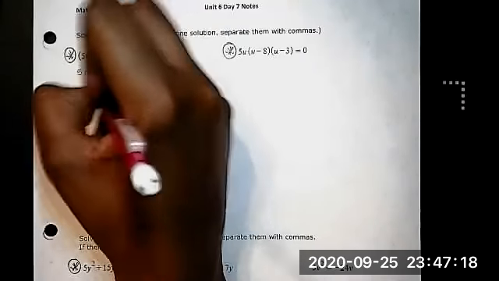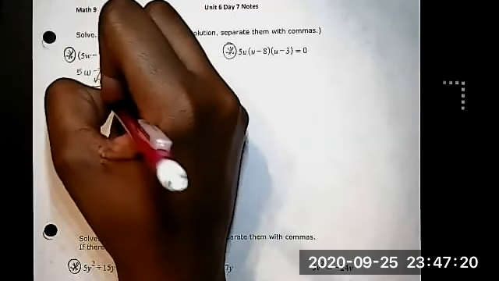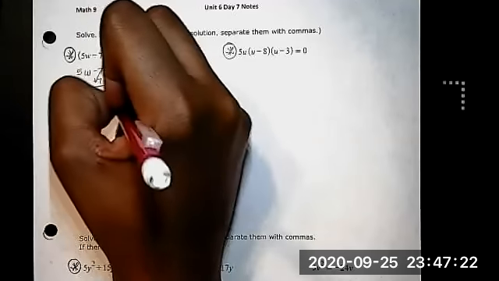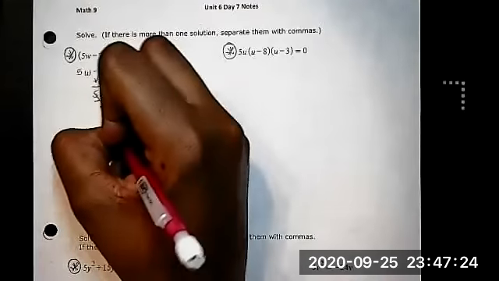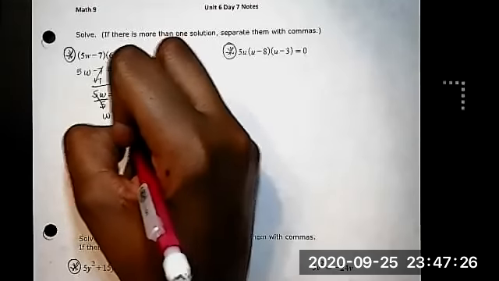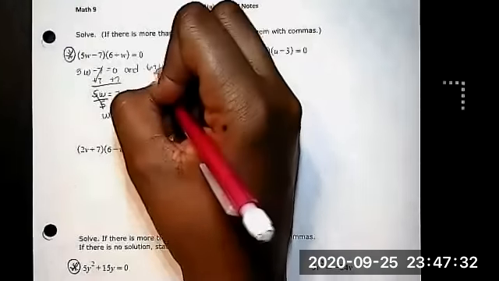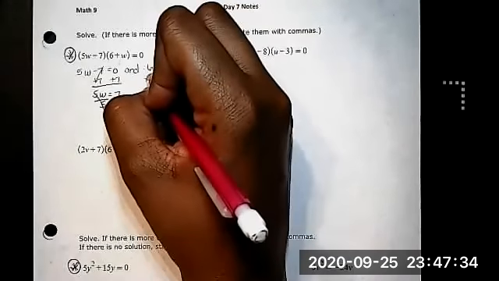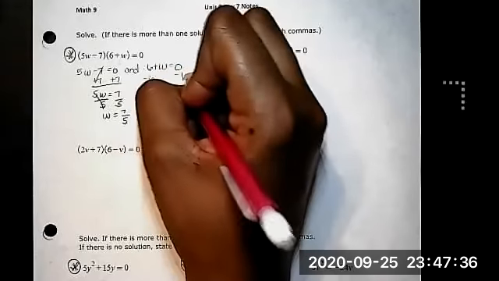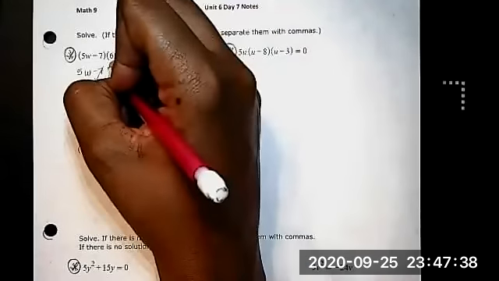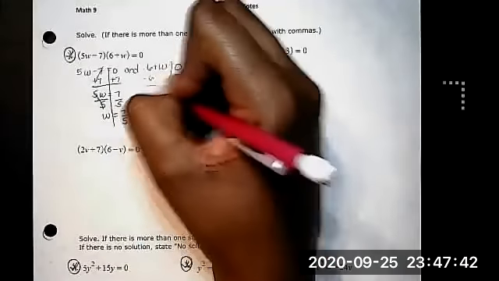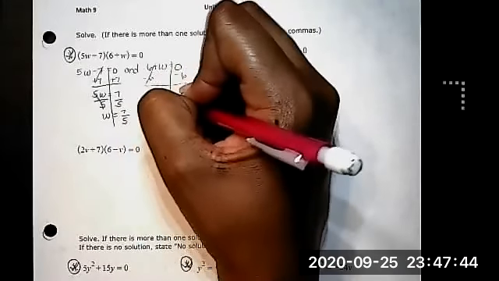Add 7 to both sides over here. 5w equals 7. Divide by 5. So one of your answers is 7 over 5. And then for this one, I'm going to get w by itself. I would subtract 6 from both sides, and you get w equals -6.